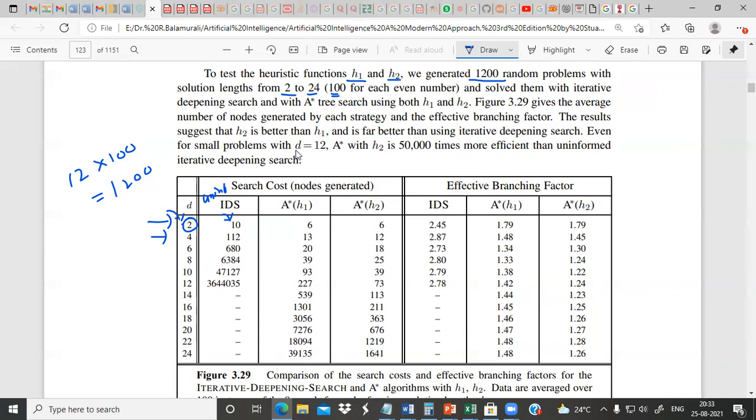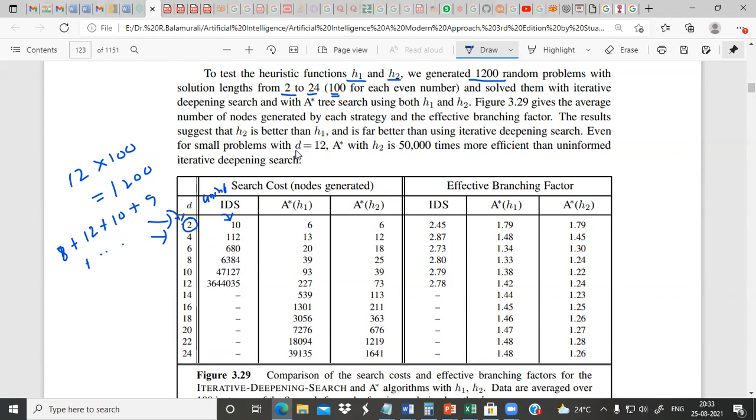Some problem might have reached the solution at 8 steps, at the depth of 8. Some problem might have reached the solution at the depth of 12, some 10, some 9, and so on and so forth, all the 100. When you take an average of that, how many nodes it has generated.